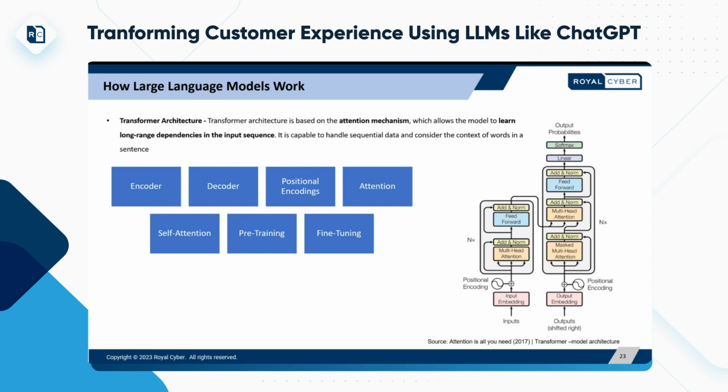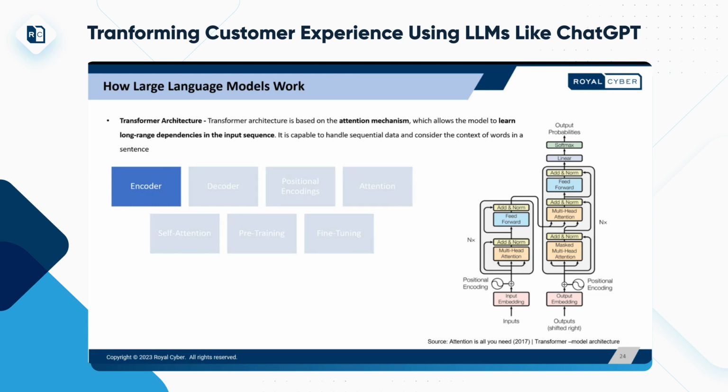First, we'll start with encoders. Encoders are like a translator. It takes words and turns them into a language the model understands. BERT is an example of a model that does that. Decoder, like a writer, takes the model's language and turns it back into words we understand.